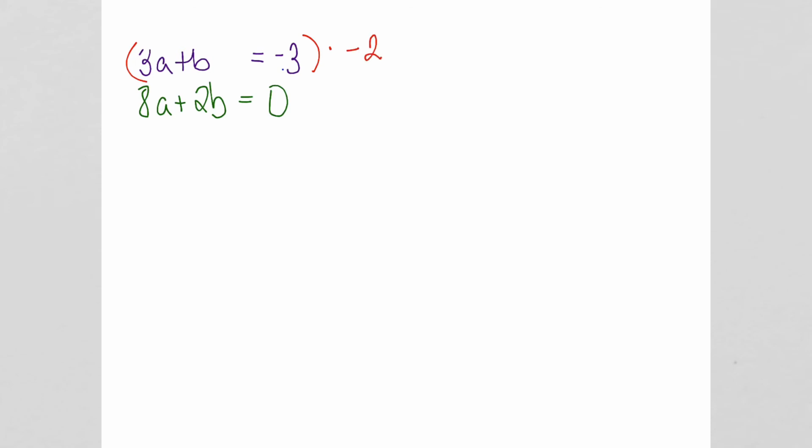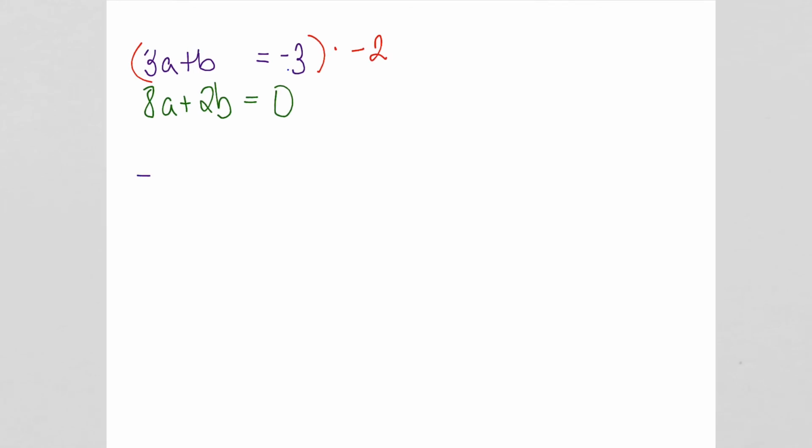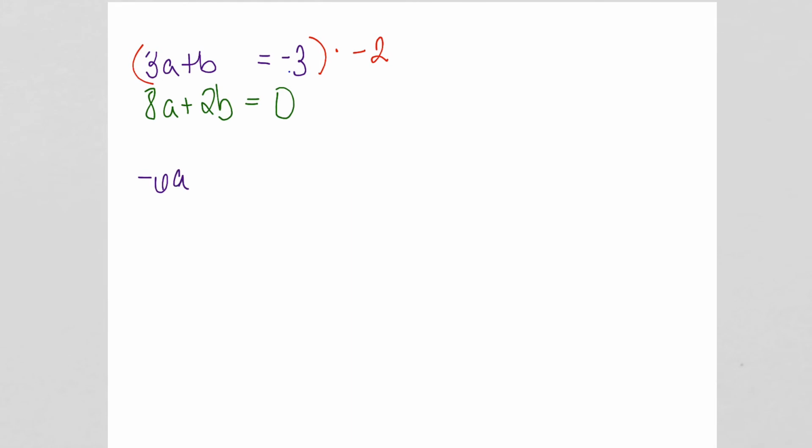So that we'll have negative 6a minus 2b equals, something's wrong.